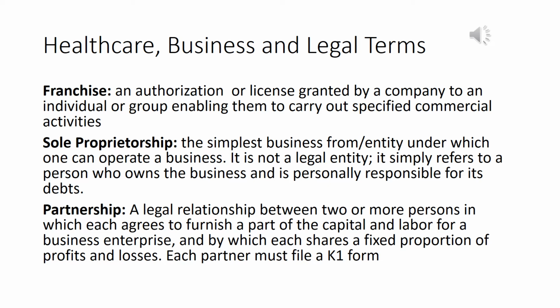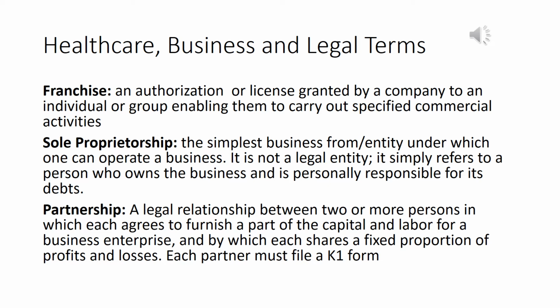And then we have the partnership. The partnership is a legal relationship between two or more people in which each person agrees to furnish a part of the money and the work, the labor, to start a business. And each also shares a fixed percentage of the profits and losses.